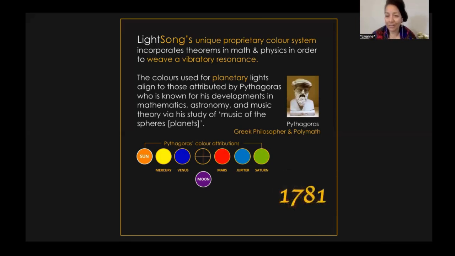In 1781, there was a revolution in the understanding of the sky with the discovery of Uranus, and then Neptune, and then Pluto. Not all in 1781, that was when Uranus was discovered.